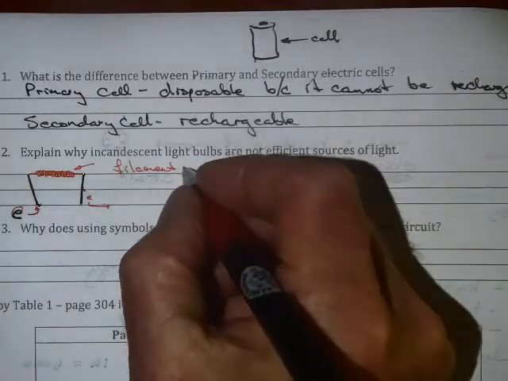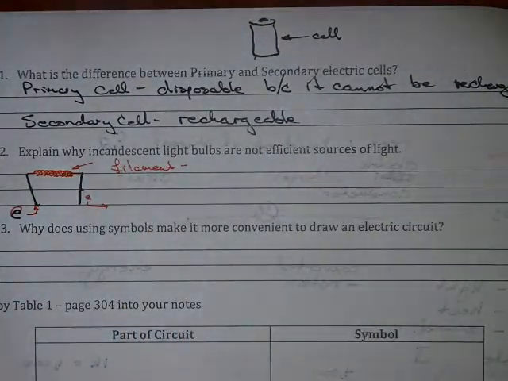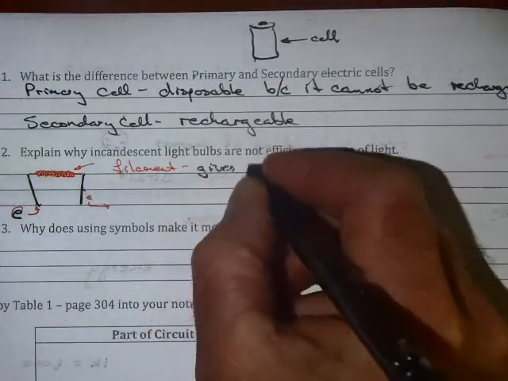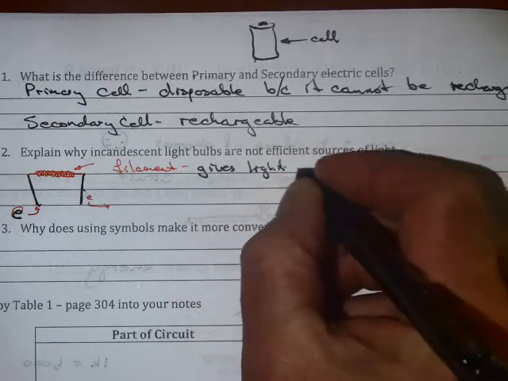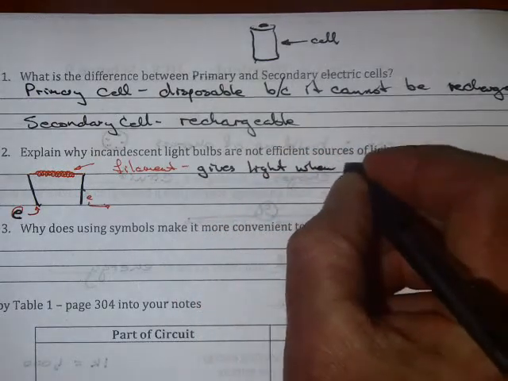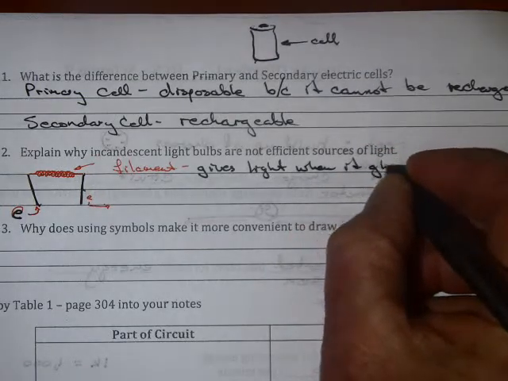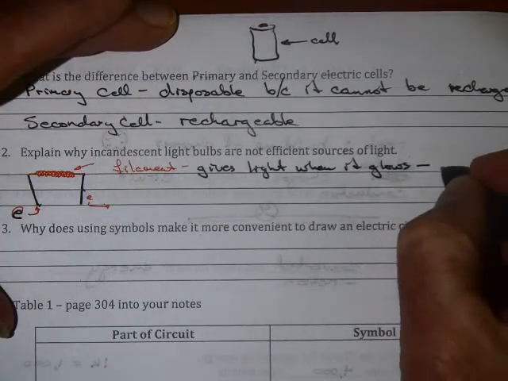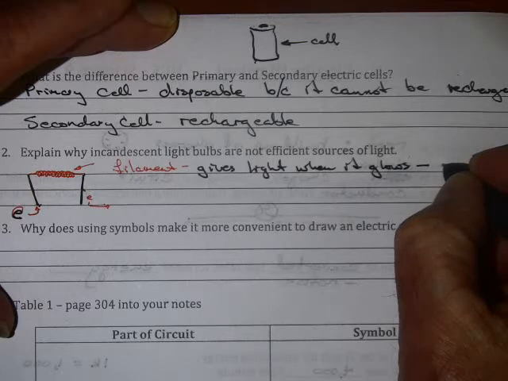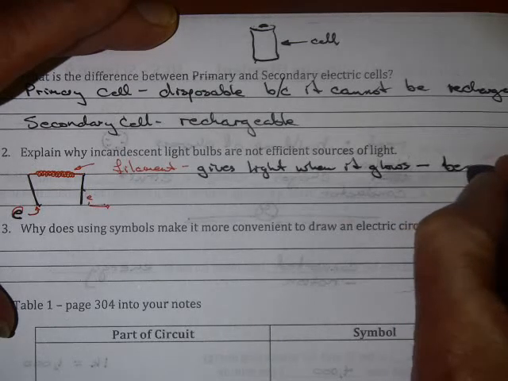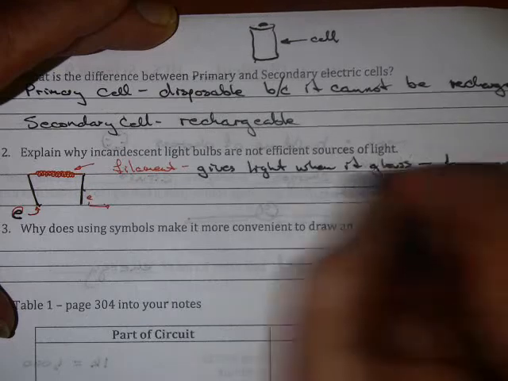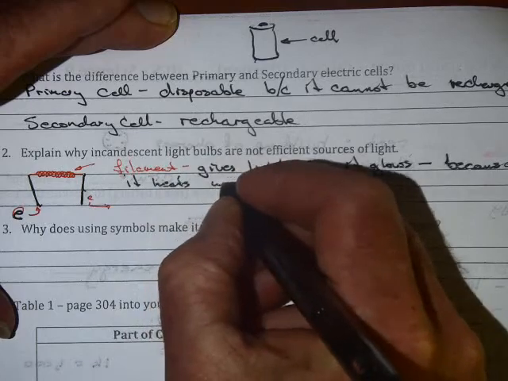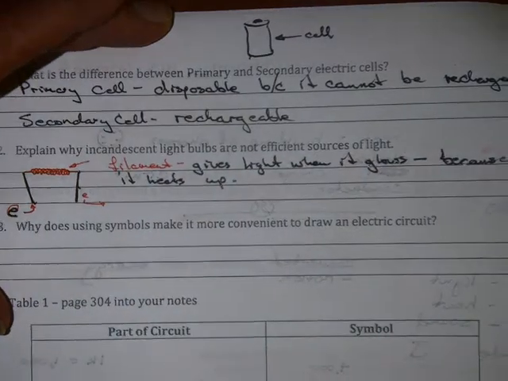The filament gives light when it glows hot. And what that means is that it's basically a heater, because it heats up.